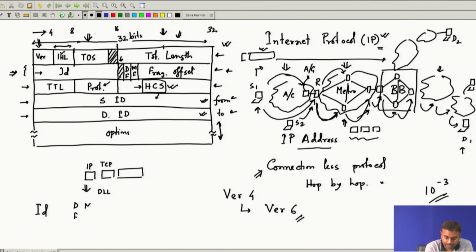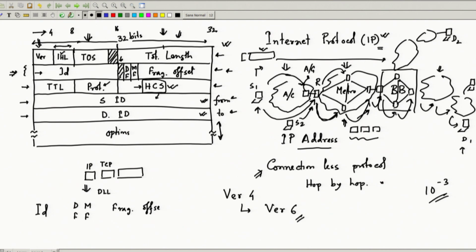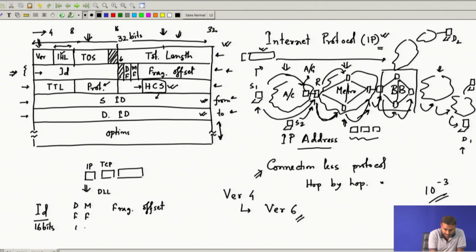Then there is another bit called MF, which is more fragment, and then there is something called fragmentation offset. So, this is 16 bits, 1 bit, these two are flags, and this is 13 bits.